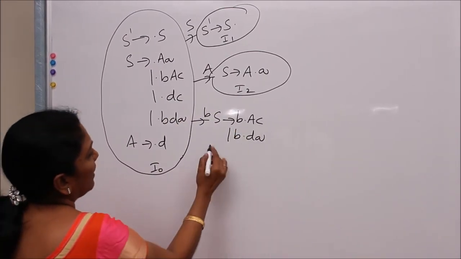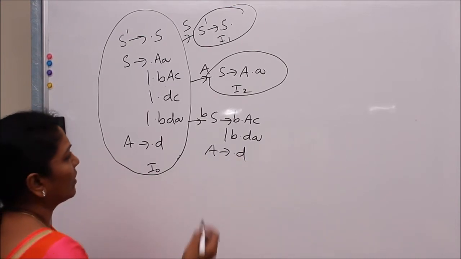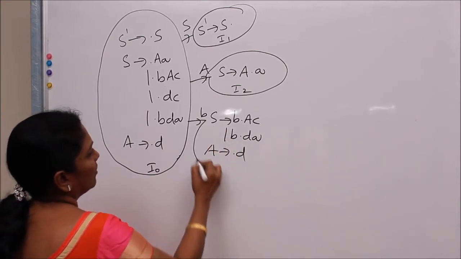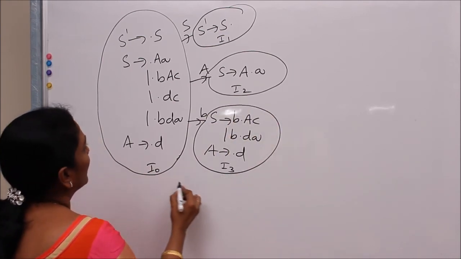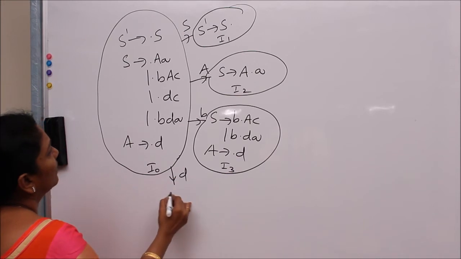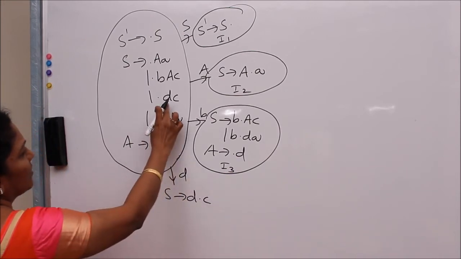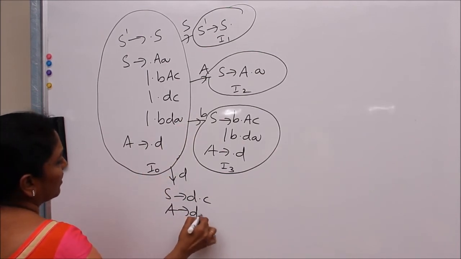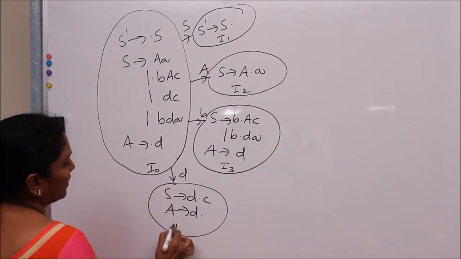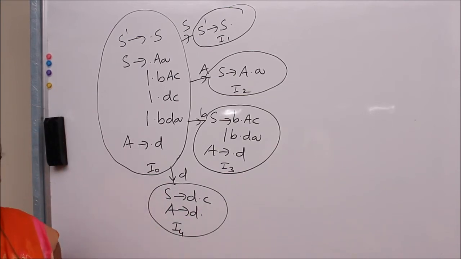Now because of A, add dot D. And here no need to add anything because what you have here is a terminal. This is your I3. Now on D, S to D dot C, and here also there is a match, so A to D dot. So look at this. This is an SR conflict. A final item together with a non-final item is an SR conflict.